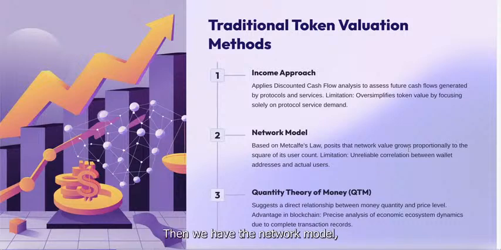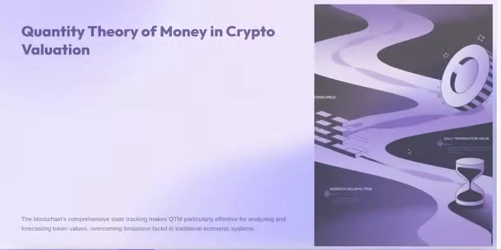Then we have the network model, which, to be honest with you, is an interesting idea, but it's not as easy to apply to cryptocurrencies, even though some people have tried. And finally, we have the quantitative theory of money, which, while it has its imperfections, still remains, to a large extent, the most popular theory for valuing cryptocurrencies.